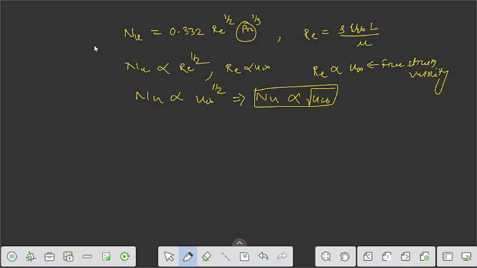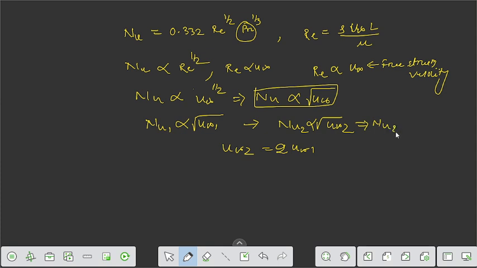So in the first case, Nusselt number 1 is directly proportional to root over u infinity 1, and in the second case, Nusselt number 2 is directly proportional to root over u infinity 2, and given data u infinity 2 is equal to 2 times u infinity 1.